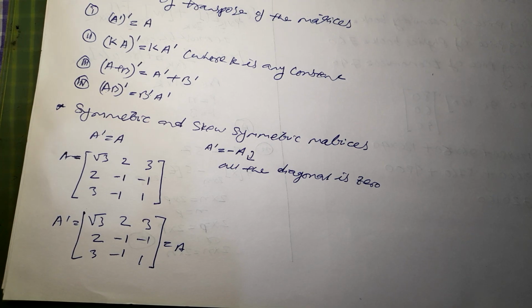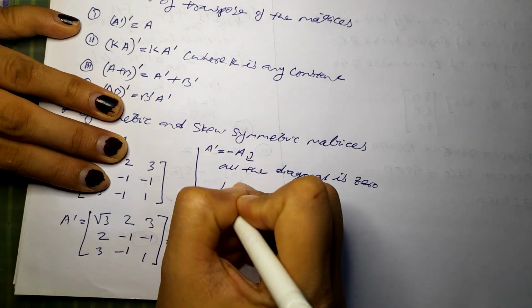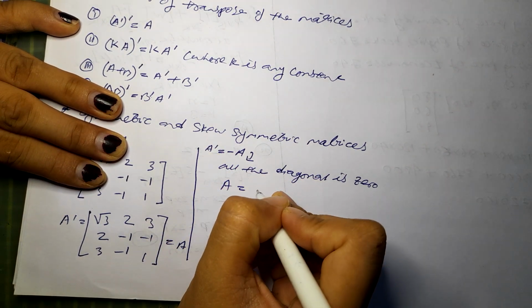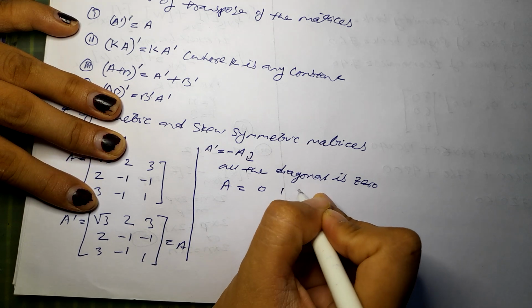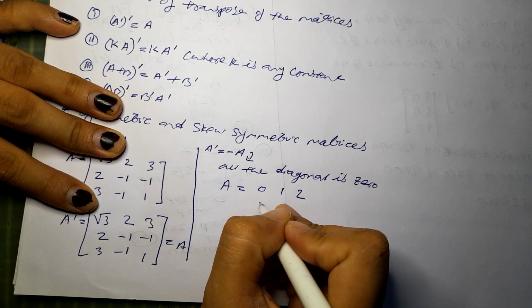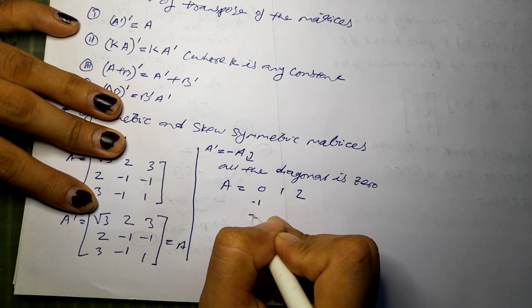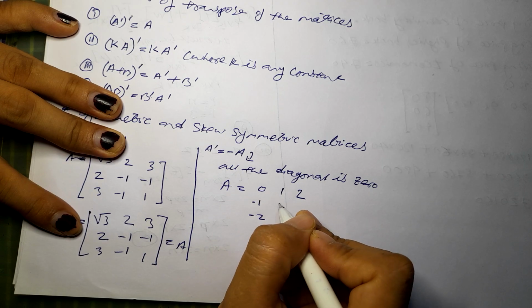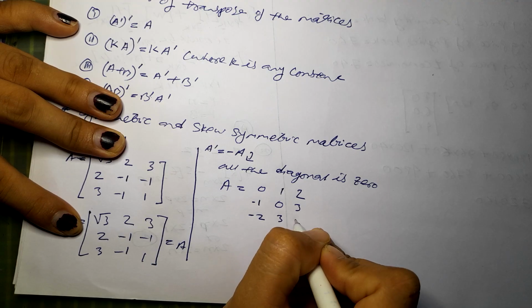Now the example of the skew symmetric. This is complete, now it's symmetric. Let's take A equal to, let's say 0. The diagonal has to be 0. So 1, 2. Here it will be 1, minus 1, minus 2, 0, 3, 3.